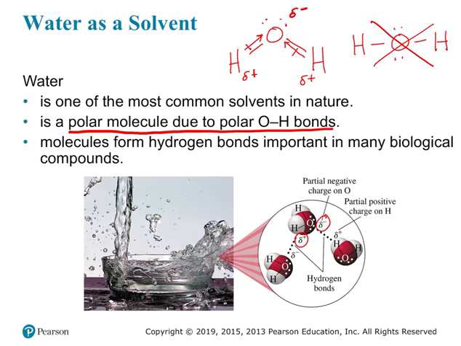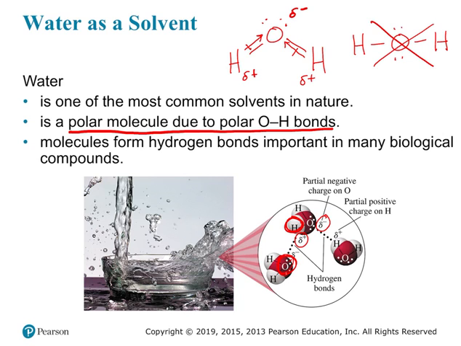So water molecules also make a really great solvent because they can form what are called hydrogen bonds in many important solutions and also in our biology. Hydrogen bonds occur between a hydrogen on one molecule and a very electronegative atom on another molecule.